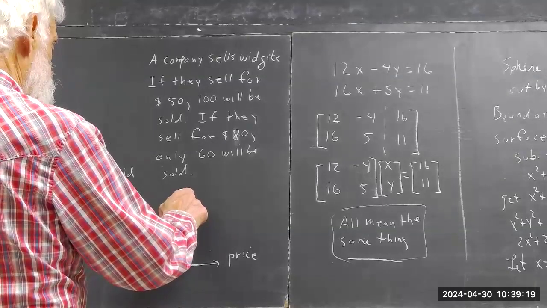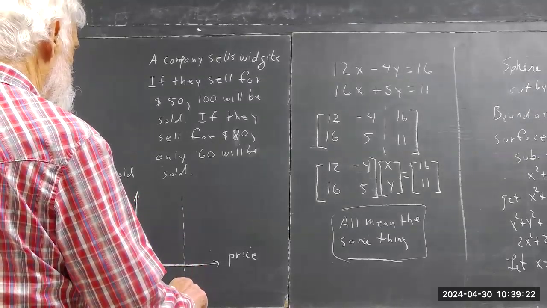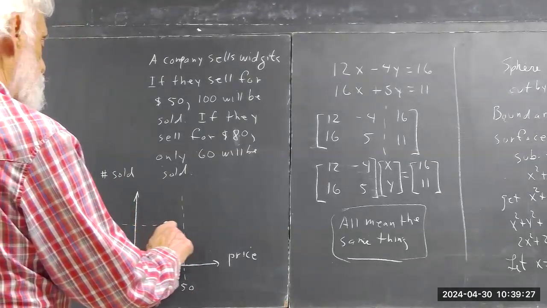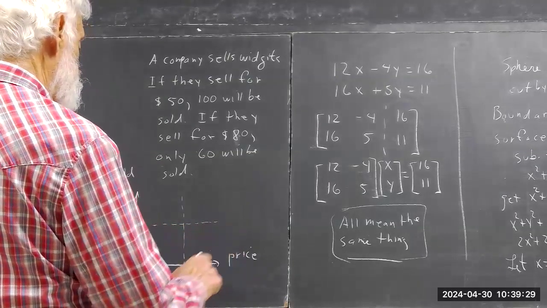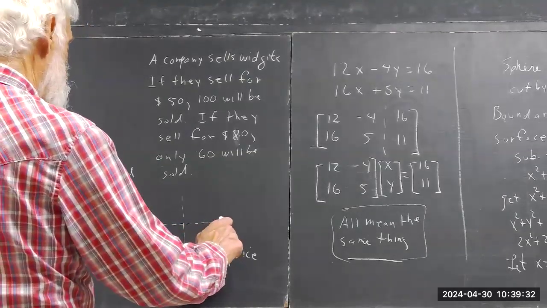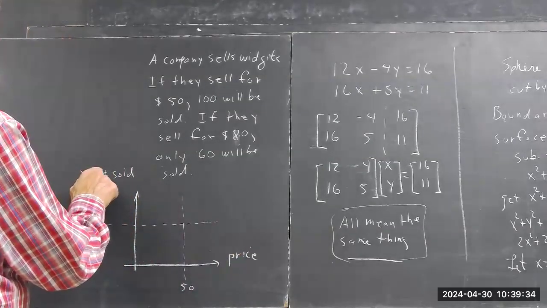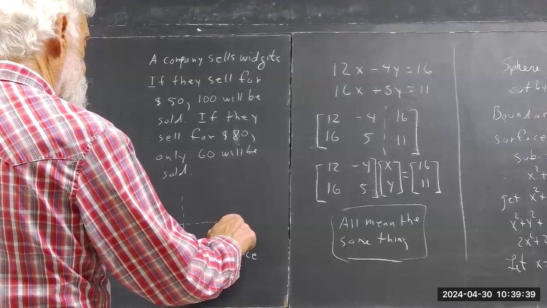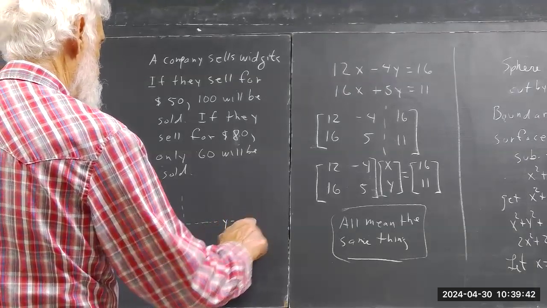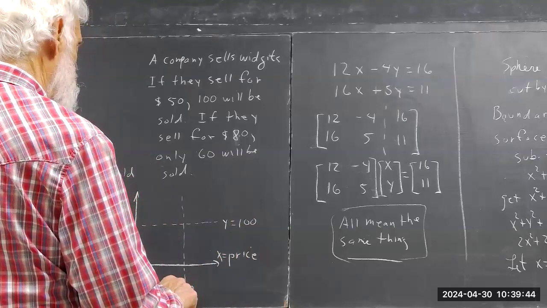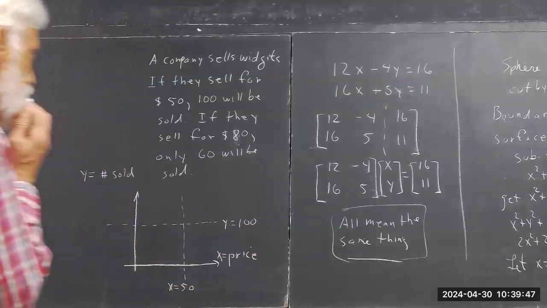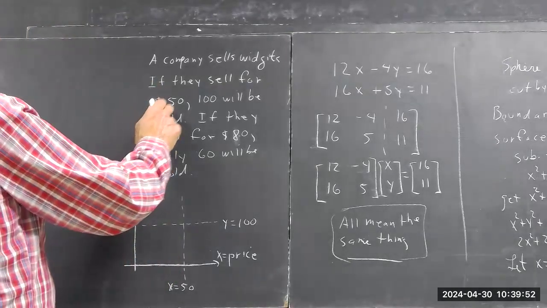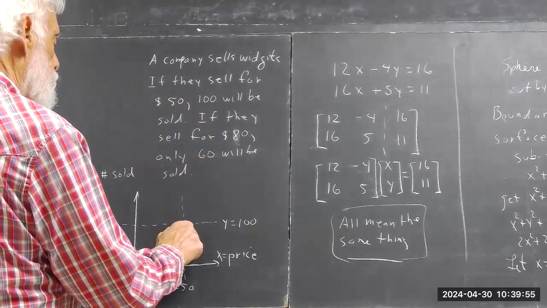So I'm going to put $50 here. I'm going to put 100 here. So I'm going to label this line y equals 100. I'll label this line x equals 50. I represent the fact that if I sell for 50, you sell 100 up by a point on the graph.